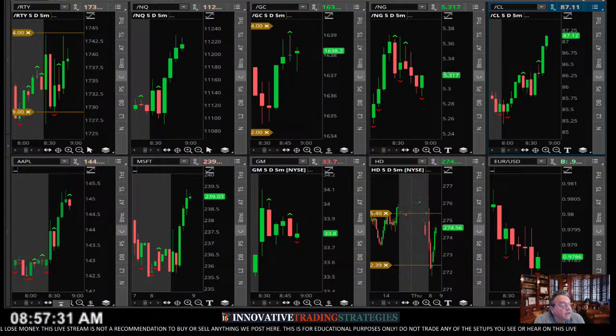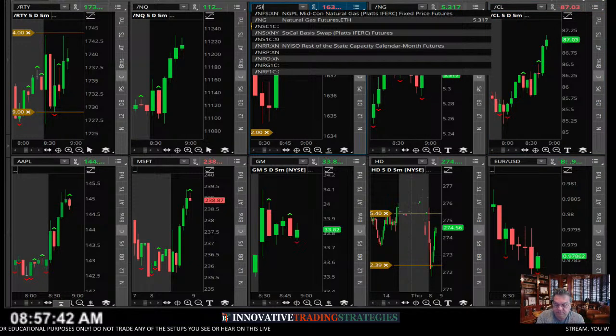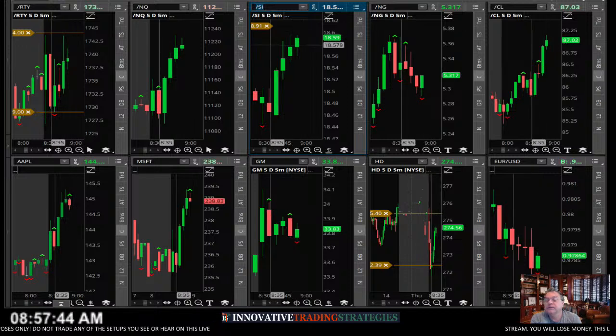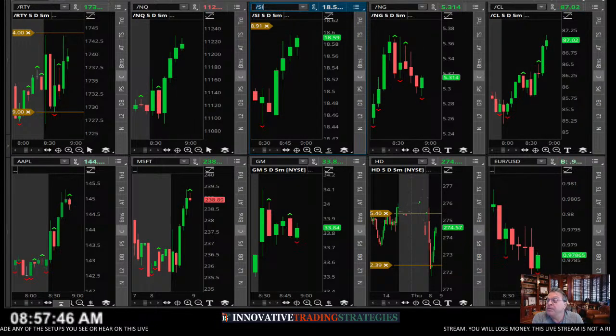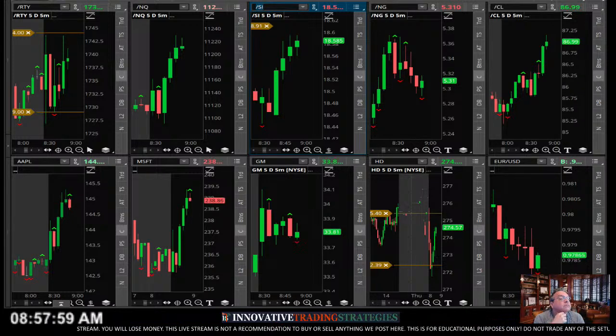I do like that. $18.91, good buy right here though. We're sitting down here at 58, and so the stop and a reversal would be 18.31.